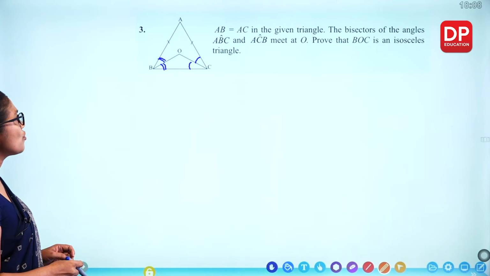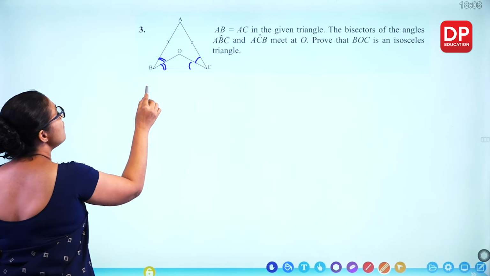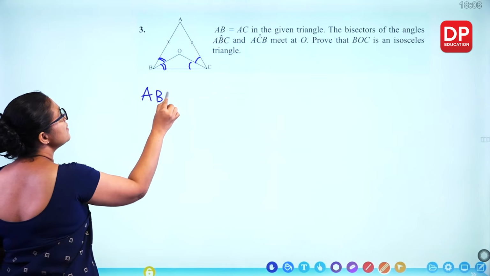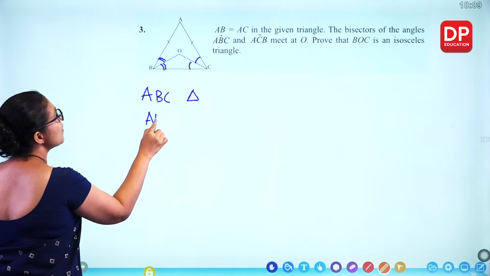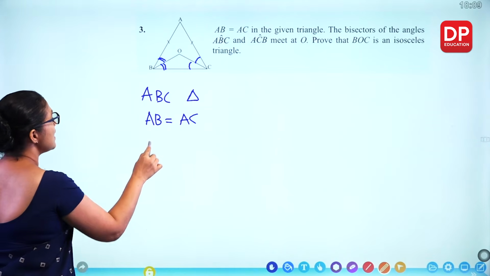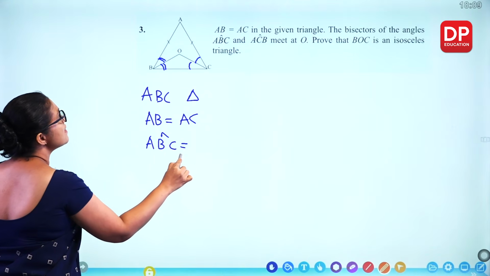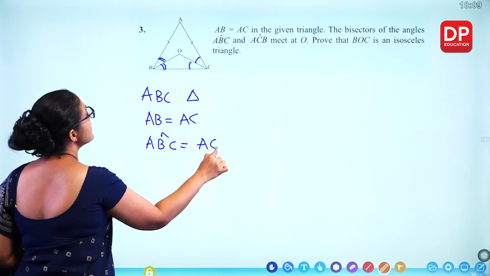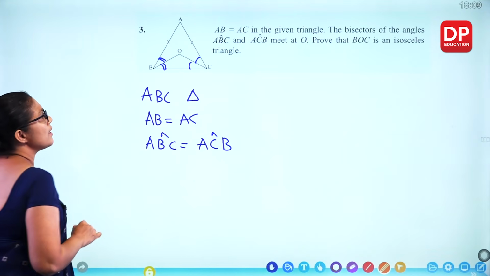So we'll try to show that. We'll take triangle ABC. AB is equal to AC. So that means angle ABC is equal to angle ACB. These two are equal.